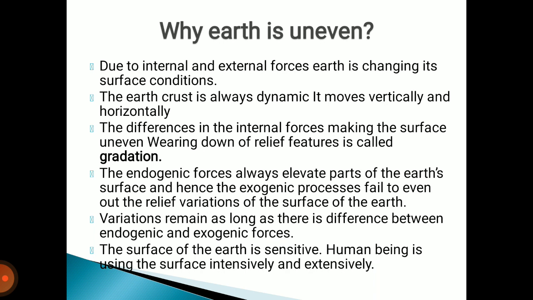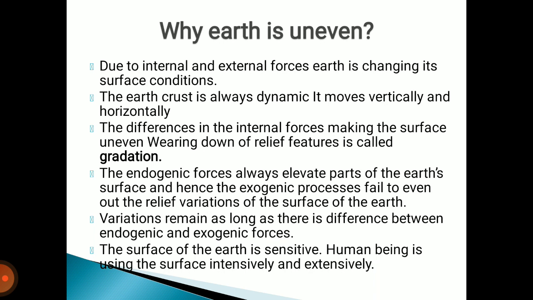The earth is uneven due to two forces: endogenic and exogenic force. So what is the endogenic force here? The endogenic forces always elevate parts of the earth's surface, and hence the exogenic process fails to even out the relief variations of the surface of the earth.